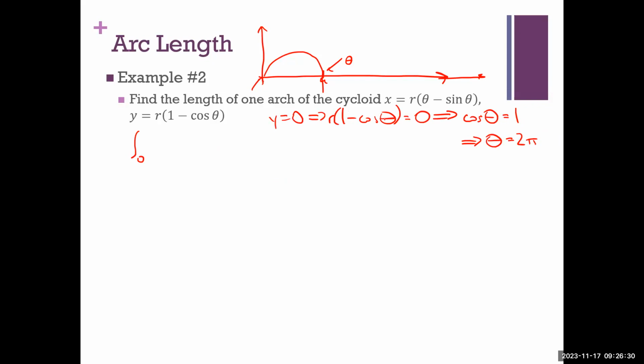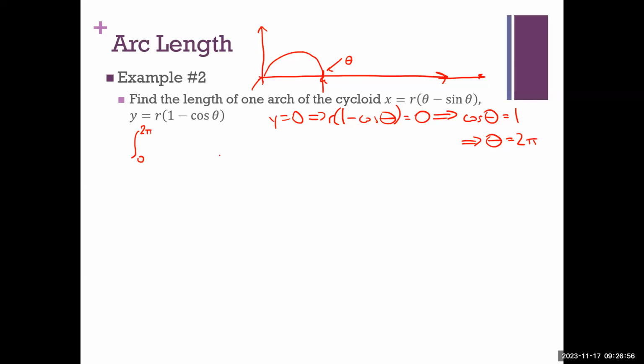But I know that R is a constant, right? And I can go a little further. I can say it's bigger than 0. If R is 0, then this whole thing is not worth looking at. So I can divide by it. So if I divide it away, then yeah, I get cosine theta equals 1. So those are my bounds.